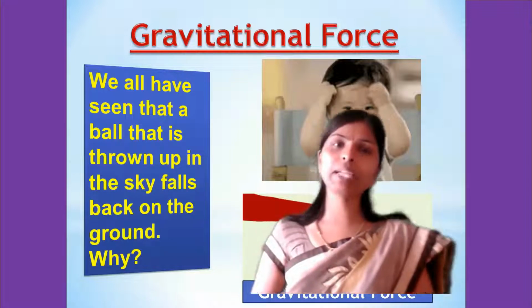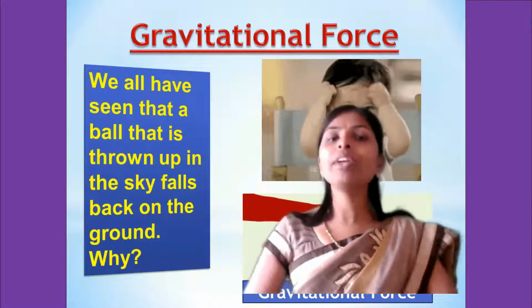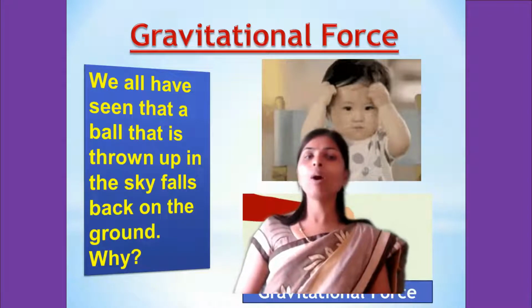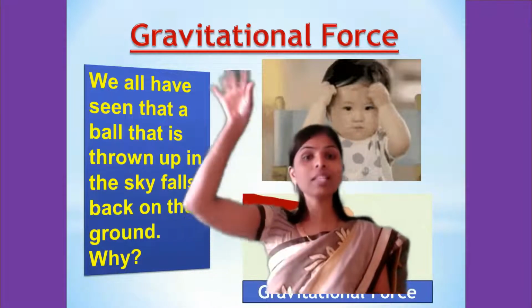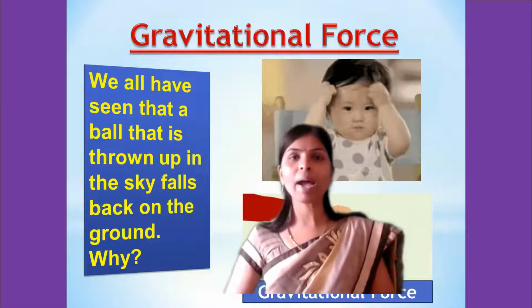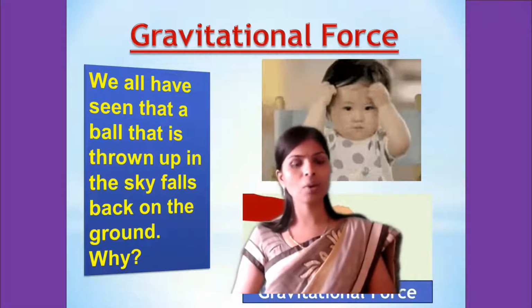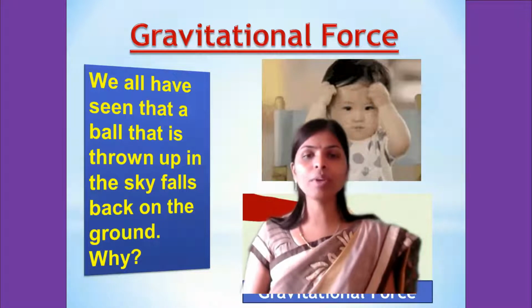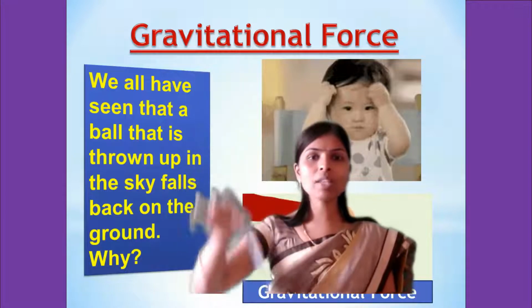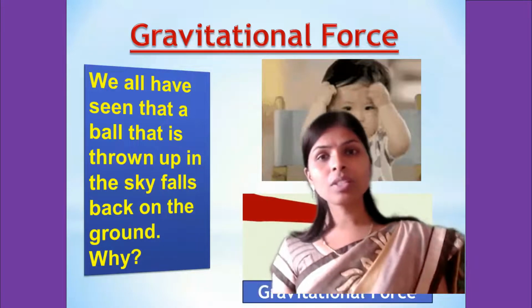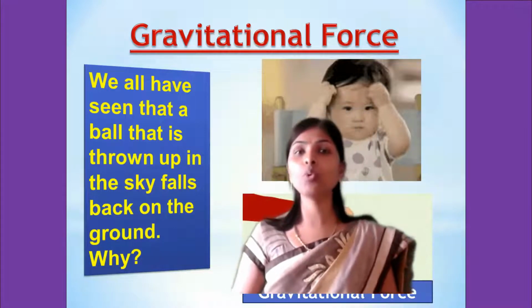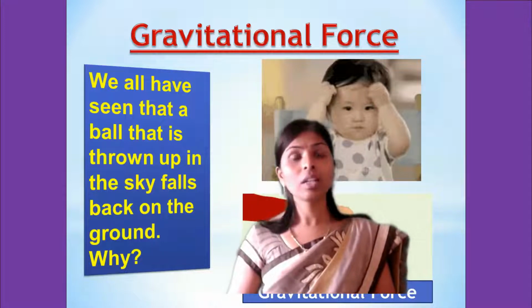So what is meant by gravitational force? We all have seen that a ball that is thrown up in the sky will fall back down towards the ground. If I am throwing this pen downside, it will come downside only, towards the ground only.